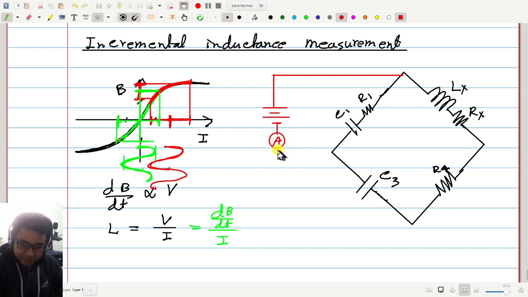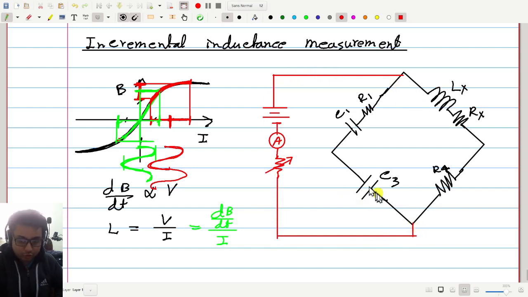You may like to measure it if you want. This is to control the DC current. Now this DC current cannot flow through this path. That will flow only through this inductor.